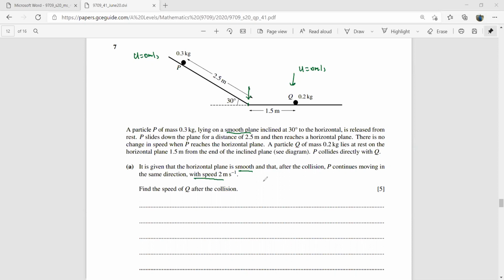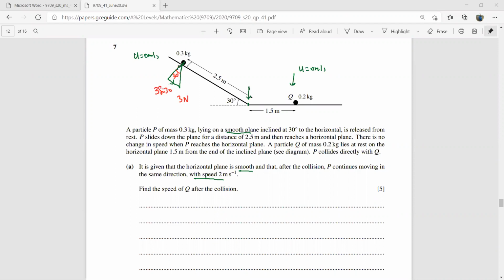Now guys, you will have to be patient. First of all, we need to determine the acceleration of this particle P when you drop it. So for that, you will have to find its weight component, because that would be the only driving force making it move down the plane. So this is 30 degrees, so the weight is 3 newtons here, and this one is going to be 3 sin 30.